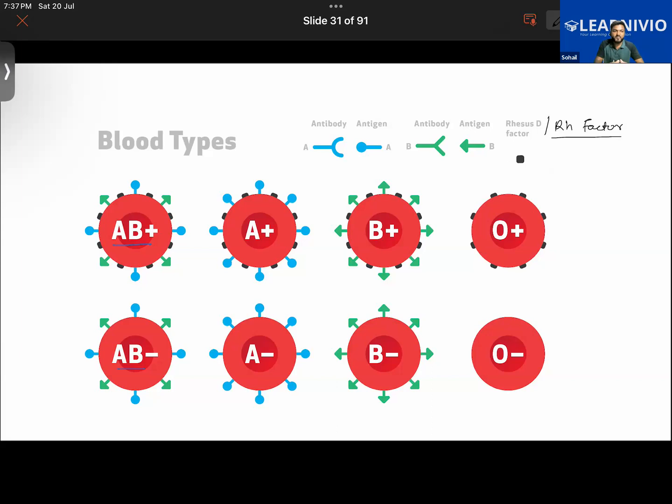It is simply another type of protein found on the surface of red blood cells. Just like antigen is a protein found on the surface of red blood cells, similar to that, there's another type of protein called Rh factor that is found on the red blood cells. So on those red blood cells on which the Rh factor is present, they are going to be called positive blood groups. On those red blood cells on which it is absent, that will be negative blood type.